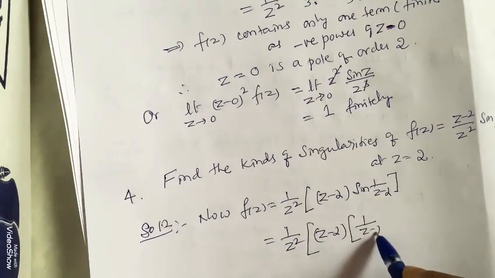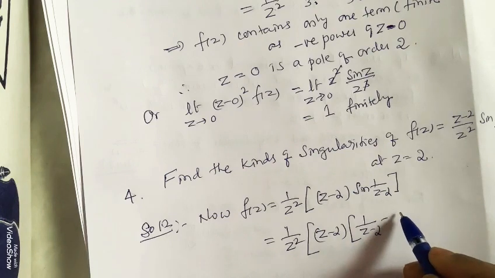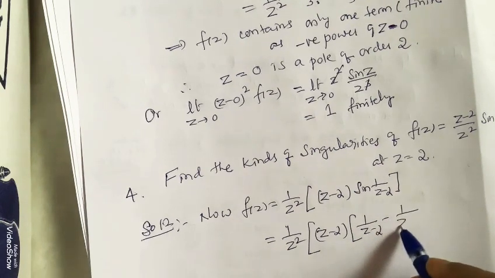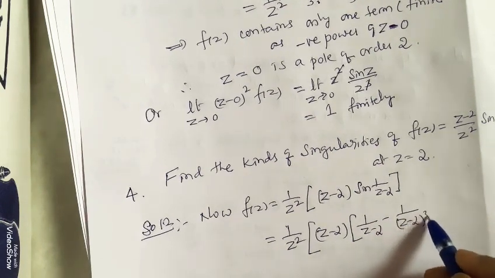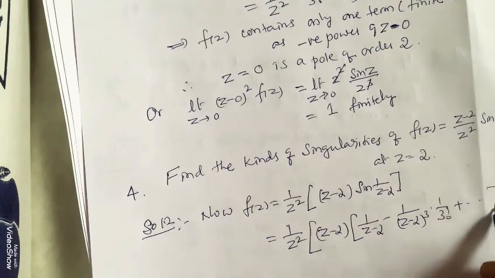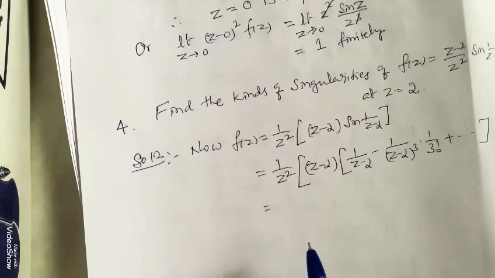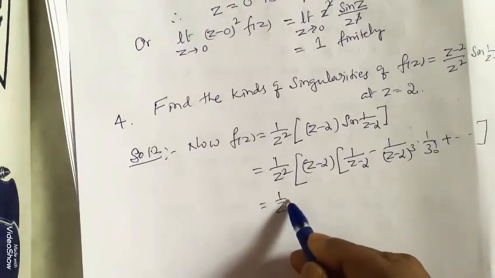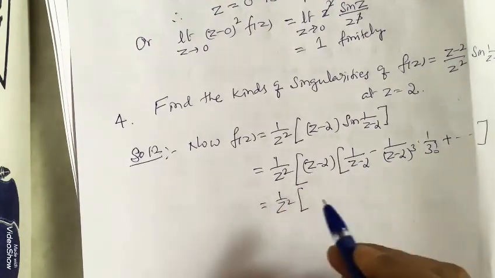sin of 1/(z − 2) is x − x³/3! plus and so on, where x = 1/(z − 2). So 1/z², write as it is. z − 2 you bring it inside.